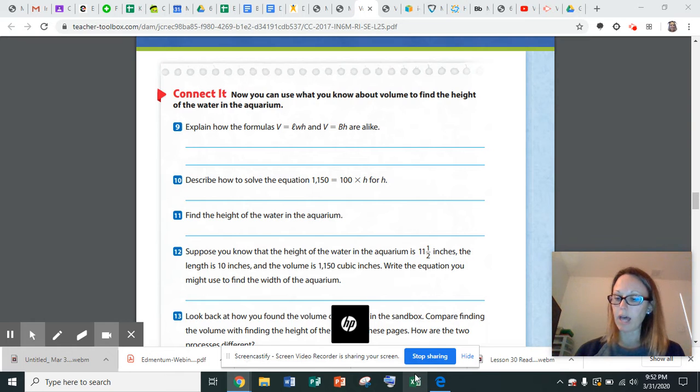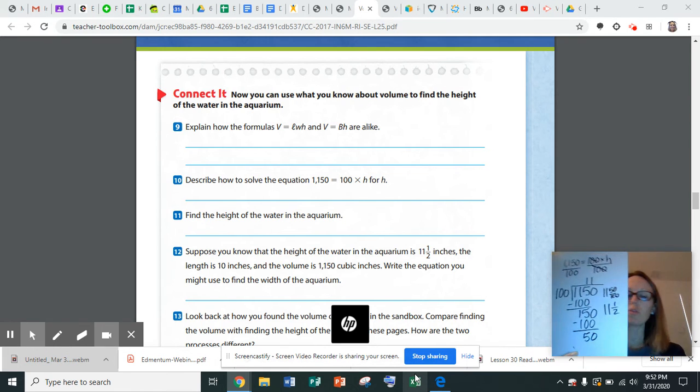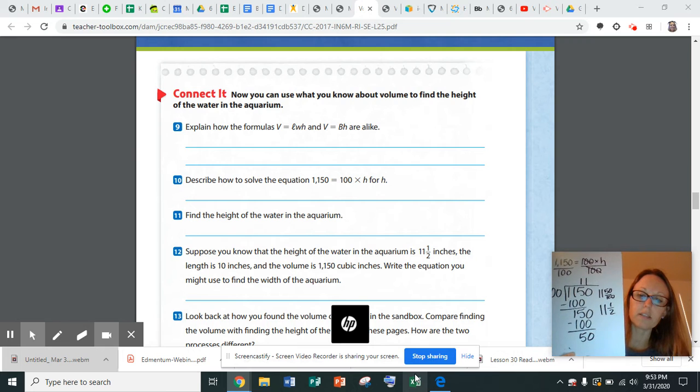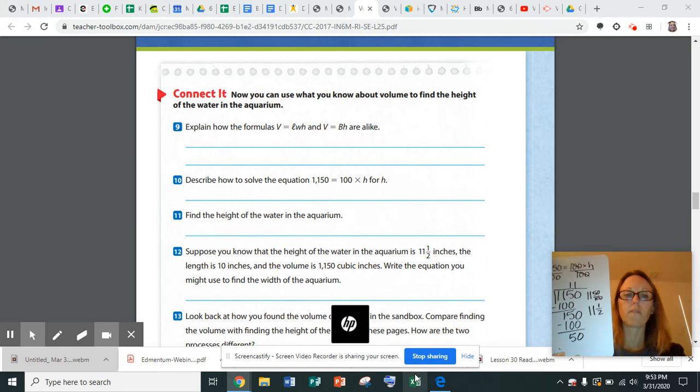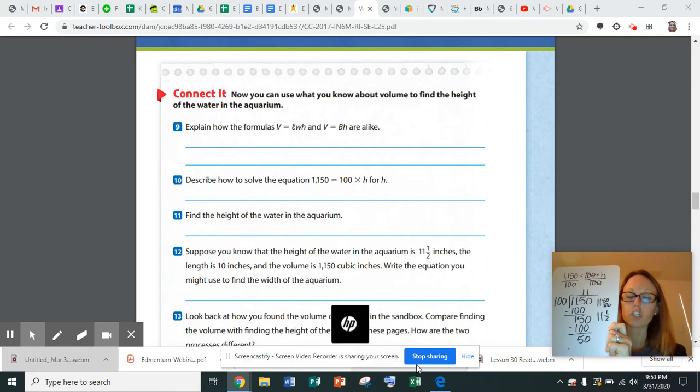So you would have 11 and 50 over 100, or 11 and 1/2. If you did the decimal point too, you would know that 11 and 5/10 is 11 and 1/2. So our answer is 11 and 1/2. Number 11 wants you to find the height of the water in the aquarium. It's 11 and 1/2 inches.